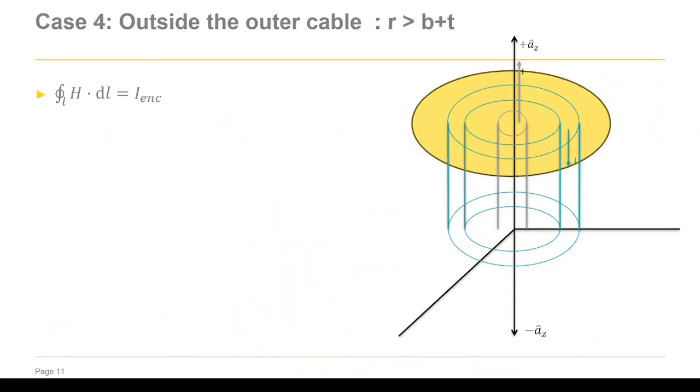Moving further outward of the outer conductor, we see that the left hand side again is the same old H phi times 2 pi R, but the right hand side is going to have to consider the full current through the inner conductor plus the full current through the outer conductor, being I in the plus a_z direction and I in the minus a_z direction, turning out to be 0, or H phi outside the outer conductor turns out to be 0.